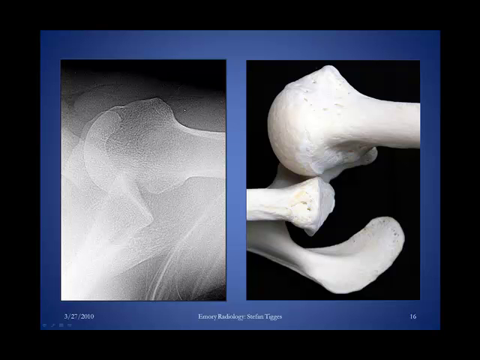On the left is a radiograph obtained in an axillary projection, and on the right is a dried bone specimen, basically illustrating the same thing. And again, you can see that the humeral head has dislocated in the direction of the coracoid process, so this is an anterior dislocation.